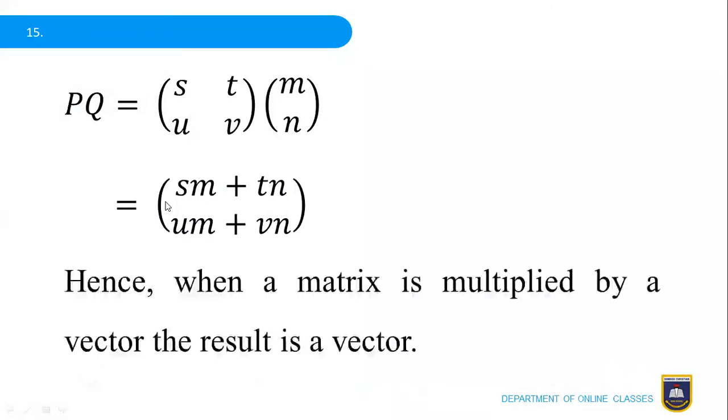So hence, when a matrix is multiplied by a vector, the result is a vector. That's all. Write this quickly.